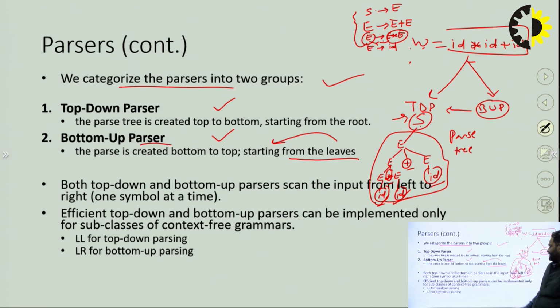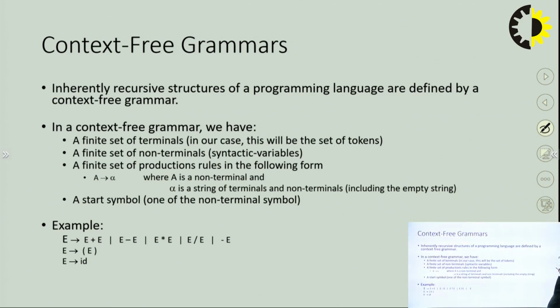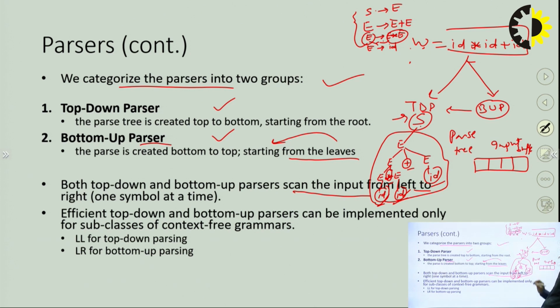In both parsers, we scan the input from left to right, one symbol at a time. There is a data structure, normally known as the input buffer, that stores the string. Suppose this is a string, with each cell storing one symbol.